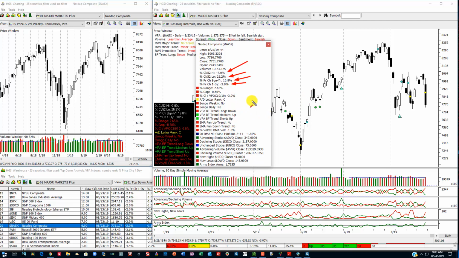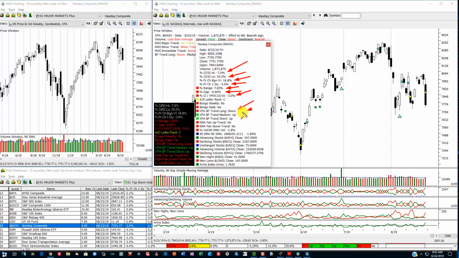Price change one day minus 3%. That closed at 7.65% of its daily range, and that gap down minus 0.60. VPOC, volume point of control, is negative. Accumulation is C. Bongo weekly is negative. Bongo daily is negative. VPA, best fit long-term trend, is down.